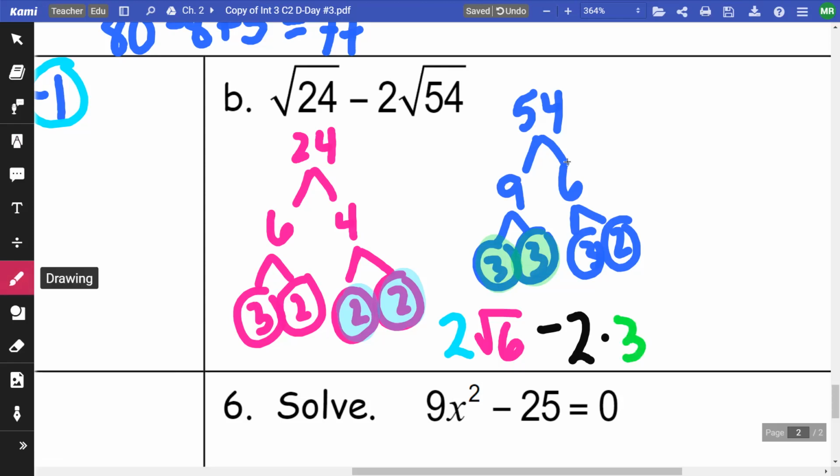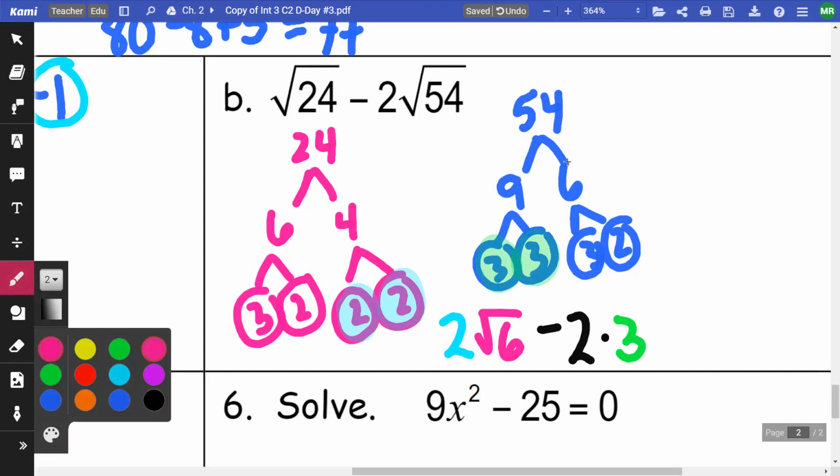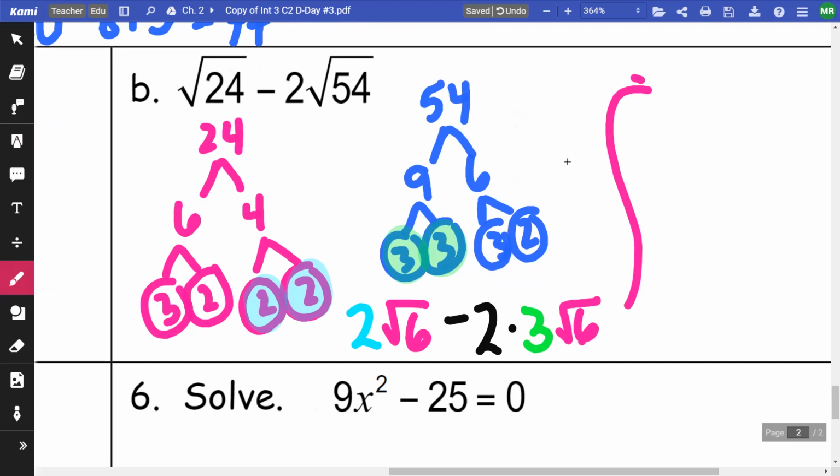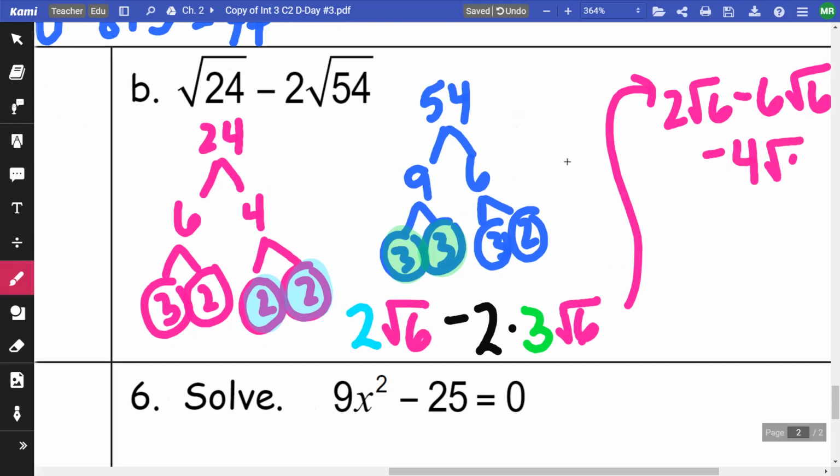What is going to remain underneath my square root is root 6, because I have a 3 times 2. Now let me clean this up. I have a 2 root 6, and then my 2 and 3 are going to multiply, and I get a 6 root 6. Now they're both root 6s. So if I have 2 root 6s minus 6 root 6s, I get a negative 4 root 6 as my answer.